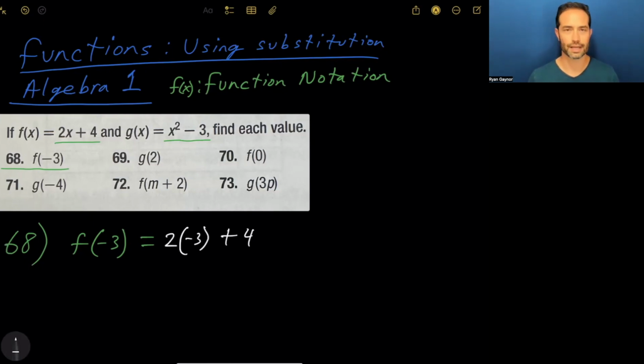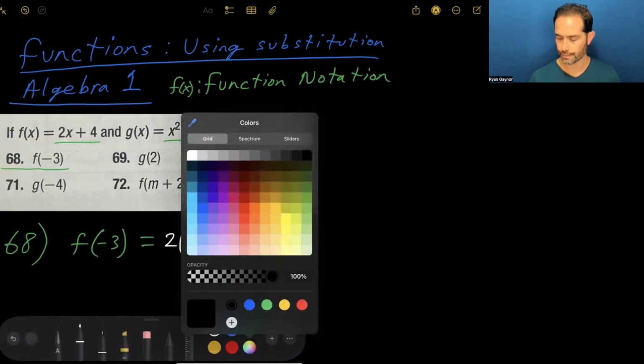So anytime that you are plugging in, you're substituting one thing for something else, you always want to use parentheses to really demonstrate what is happening. Okay, so here we go.